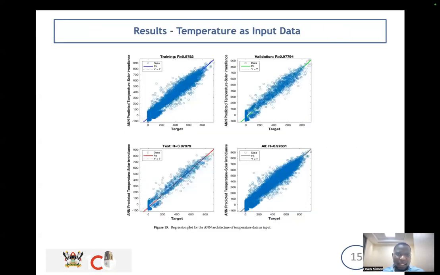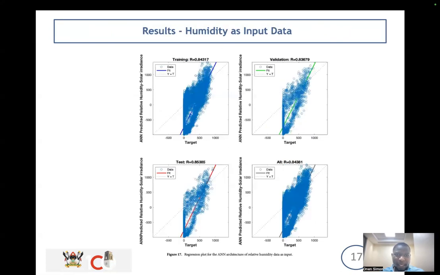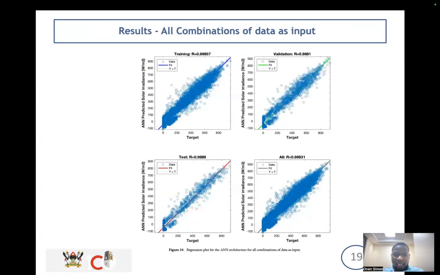Their results were printed out for each, where you can see this was temperature, atmospheric pressure, and then humidity. At the end of the day, when they combined all their results, these were their findings.